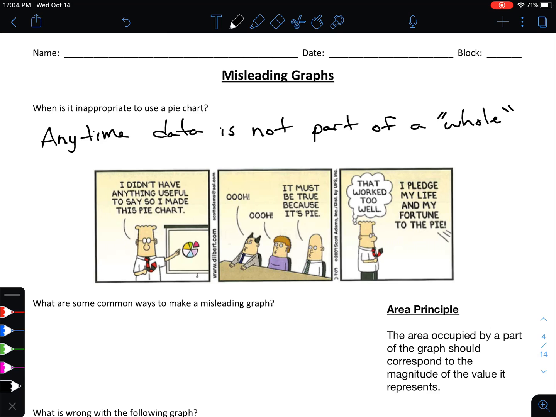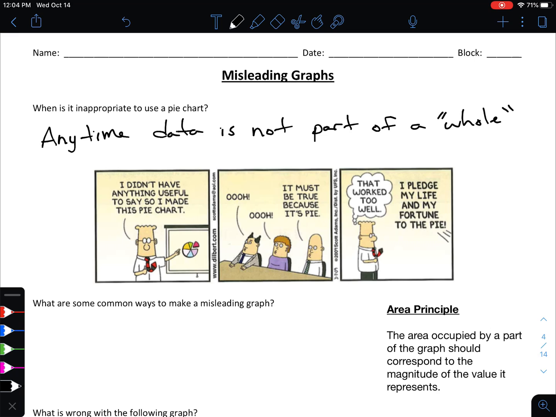In fact, I think that's something that we talked about in the previous video's lesson, this idea that you have to have parts of a whole in order for a pie chart to be appropriate. And obviously, we also talked about how pie charts are not the best for comparisons as well, which is another thing to think about as you're deciding between a pie chart versus a bar graph.